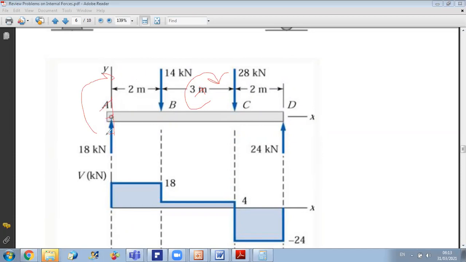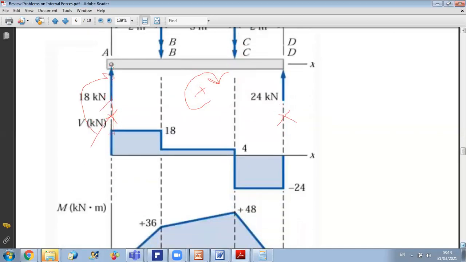But as I have a pin or roller, and no couple acting at the point, then you will start your bending moment from zero, and also you should end at zero. So this is a verification for you: I should start at zero and end at zero, because I don't have fixities and I don't have couples.